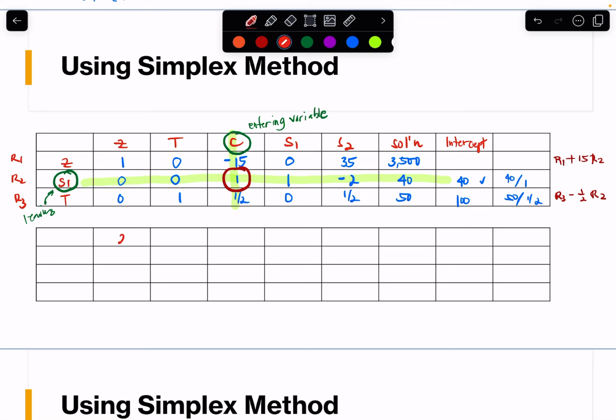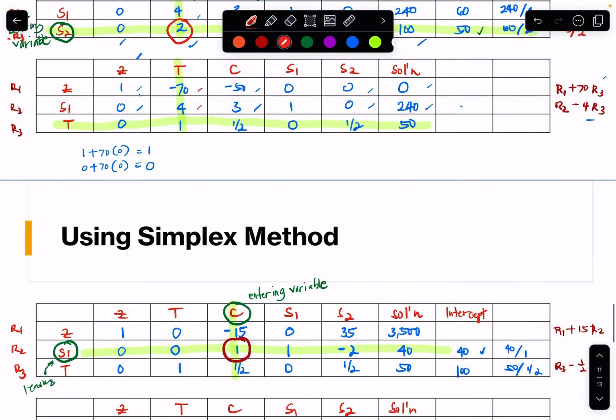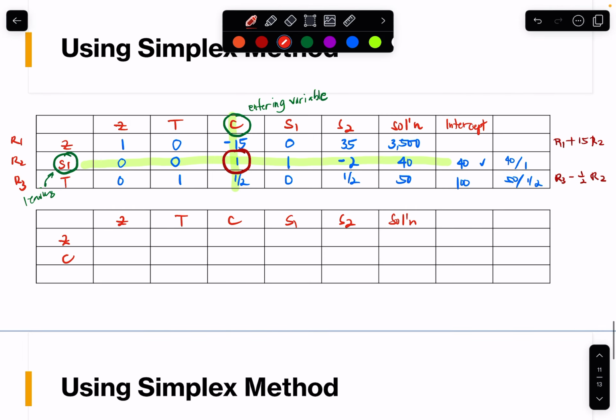So this would be Z and T, C, S1, S2, the solution. This time, the leaving variable S1 will now be replaced by C, and this by T.